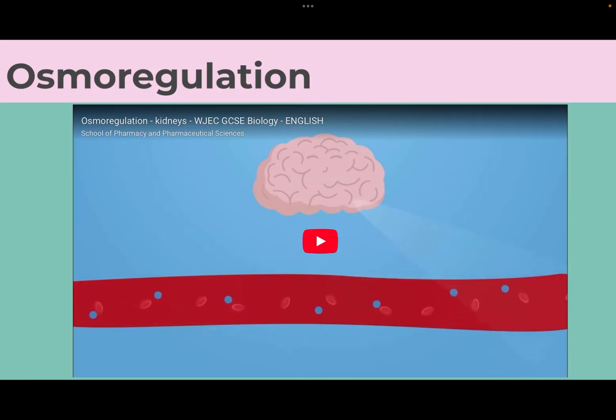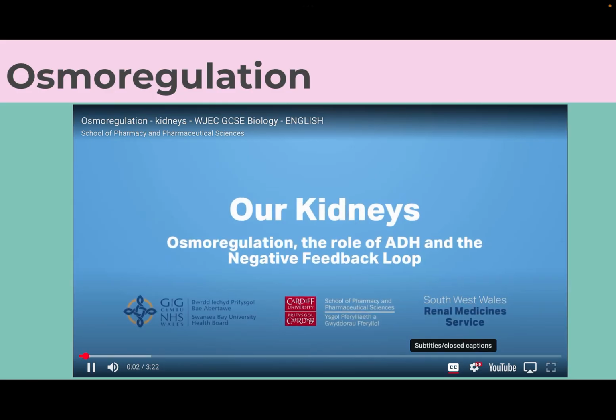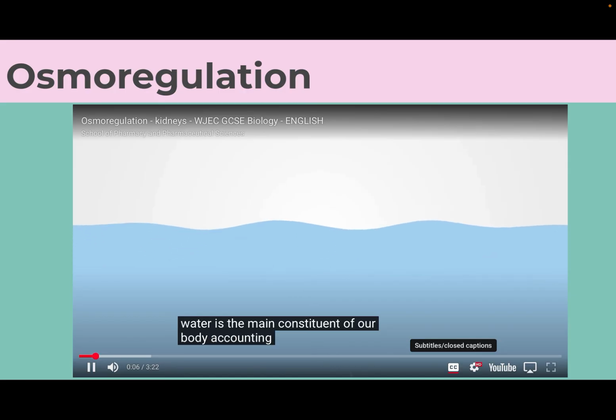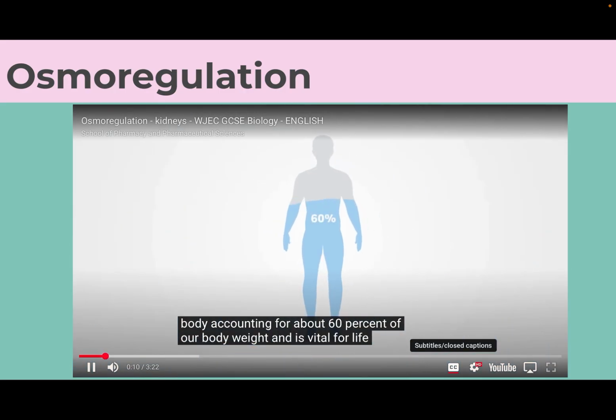And I have one more video on osmoregulation for us. Water is the main constituent of our body, accounting for about 60% of our body weight, and is vital for life. To keep our cells functioning normally, it's important that the water content of our blood is controlled.